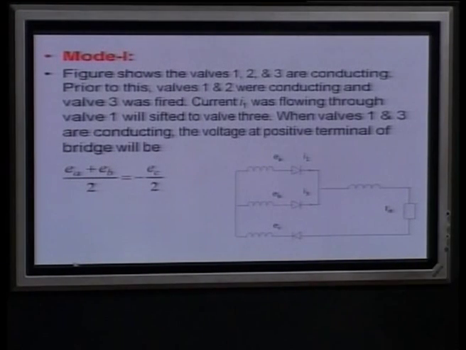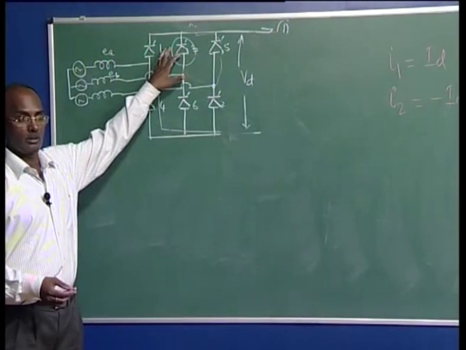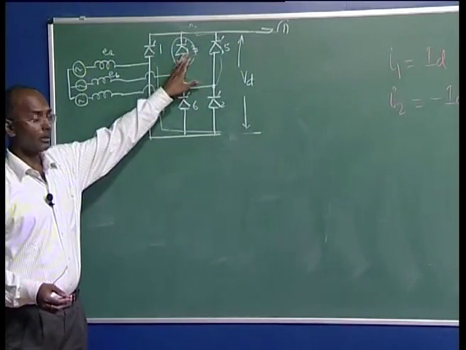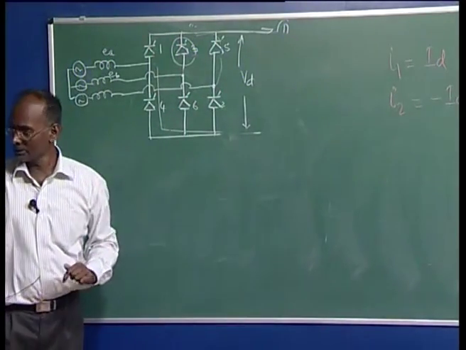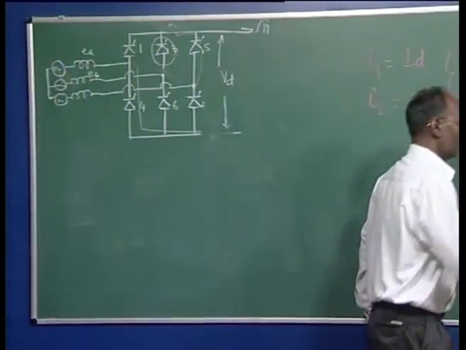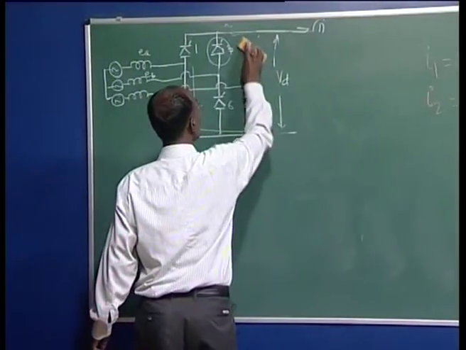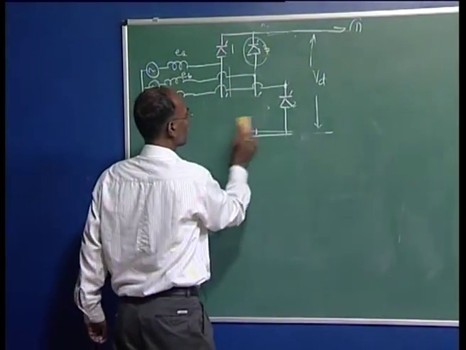Once it is conducting, at that instant, this will be the equivalent circuit, because 1 and 3 are in the upper and 2 is in the lower. Just visualize, remove the other parts, and you will find the same. Here I can remove this 5th link, and 2 is conducting.